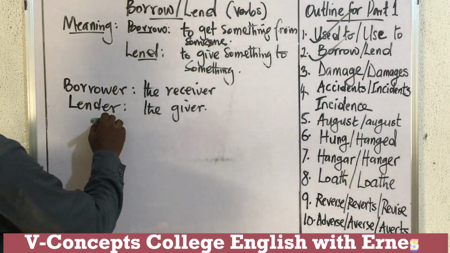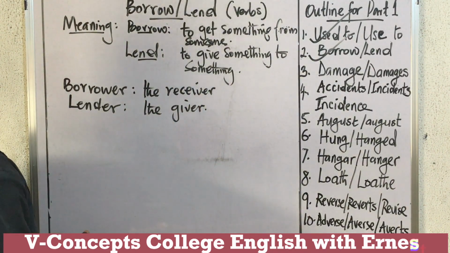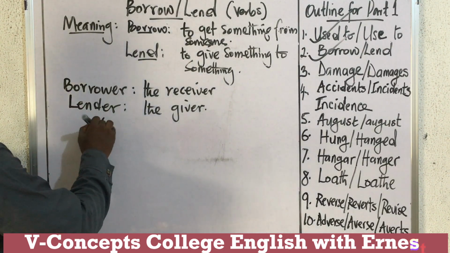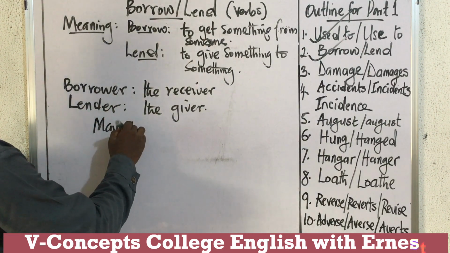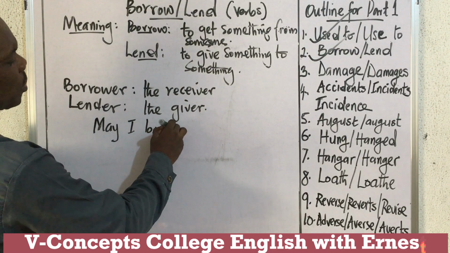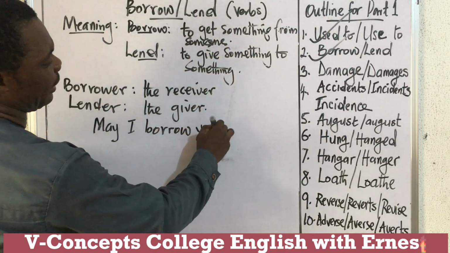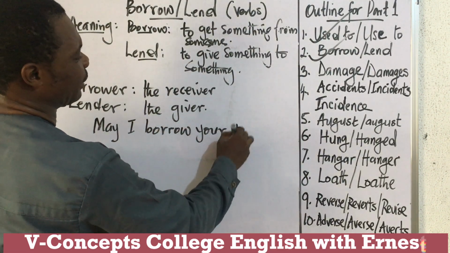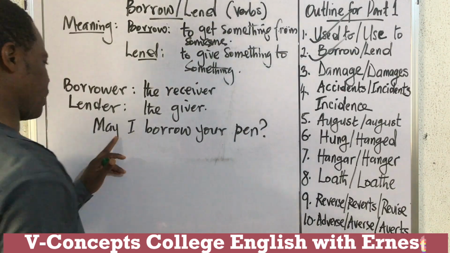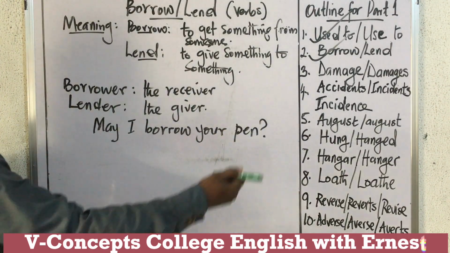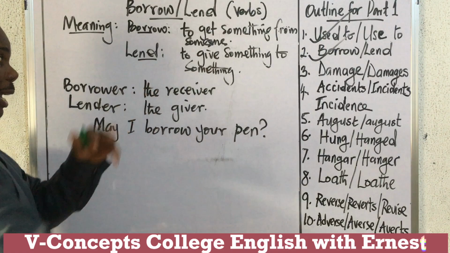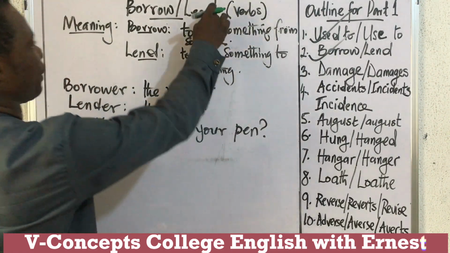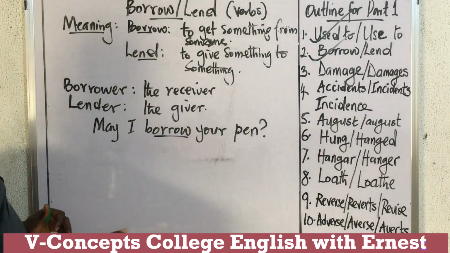Let's have a case of how to use this expression in sentences. May I borrow your pen? Correct. May I borrow, that is, will you give me your pen? Okay, I think we can put that one as the example of the second phase of the words that we are considering.